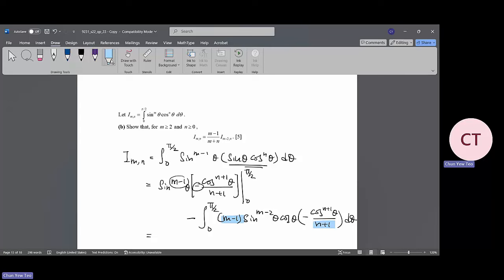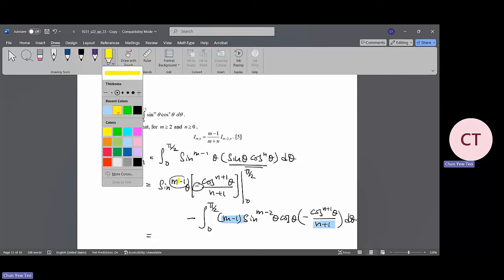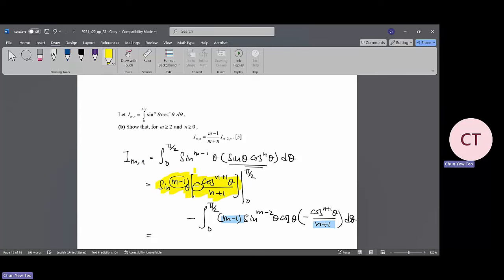But first of all, we need to settle this part. If you replace pi over 2 inside, cos pi over 2 is 0. And if you replace 0 inside, sine 0 is 0. So for this part, the whole thing is actually 0. Then the negative and the negative have been combined together and become positive.